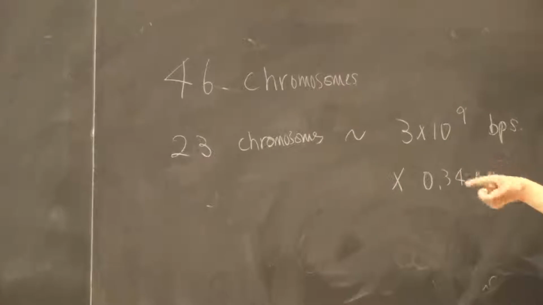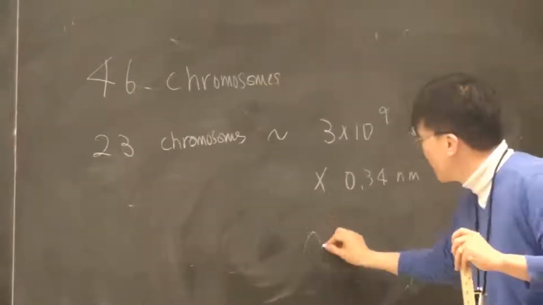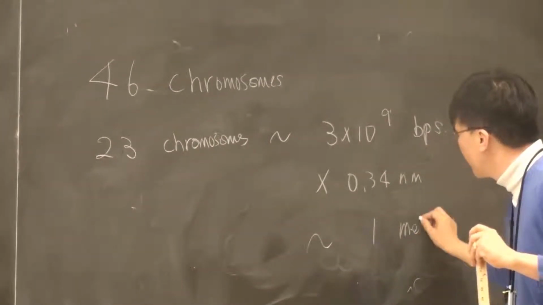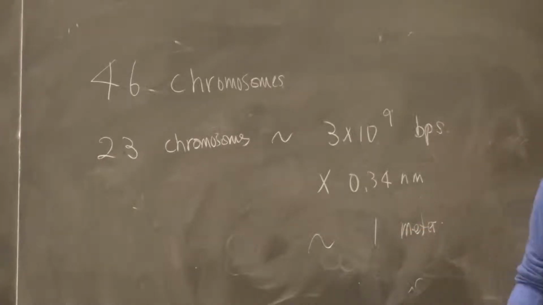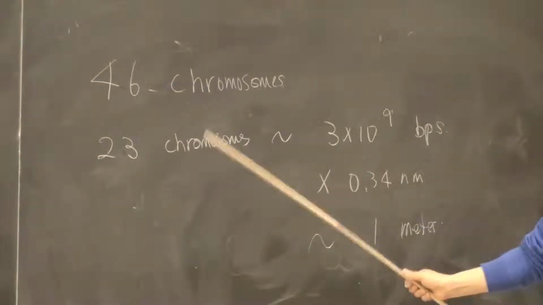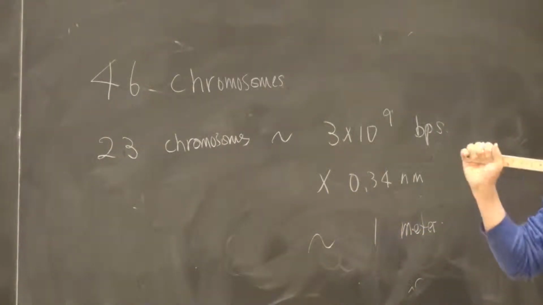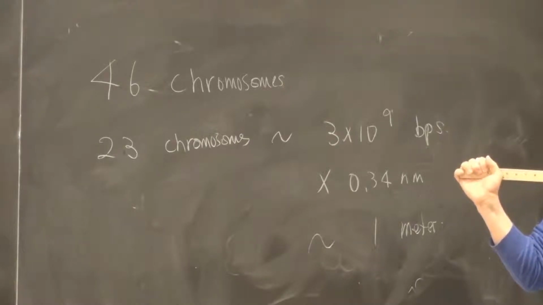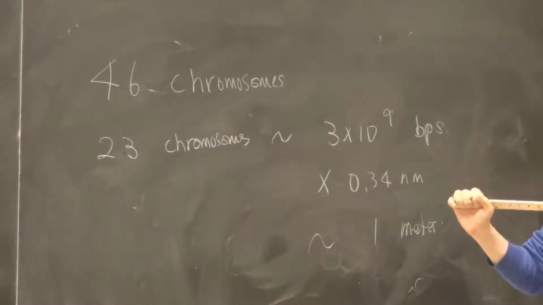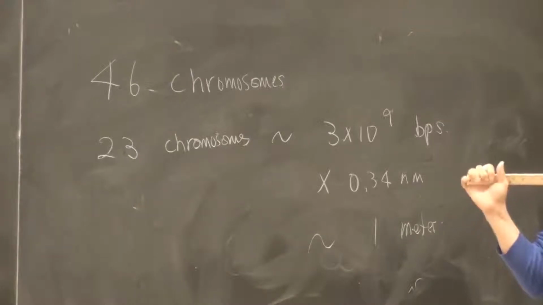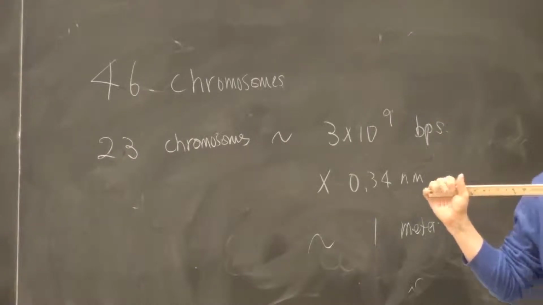If you do the multiplication, it's about 1 meter of DNA per set of chromosomes you got from your mother. Same for your father, right? So in each cell of your body, you have 2 meters of DNA. So remember that.